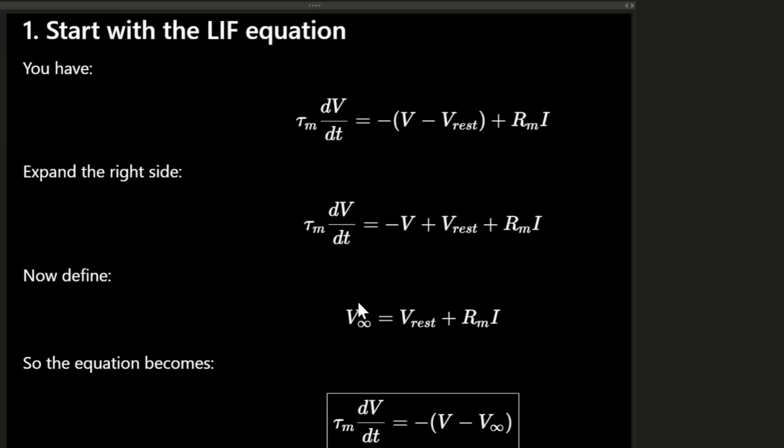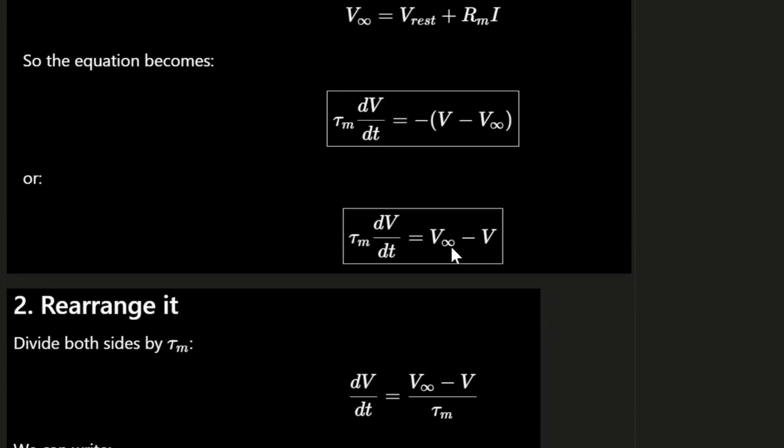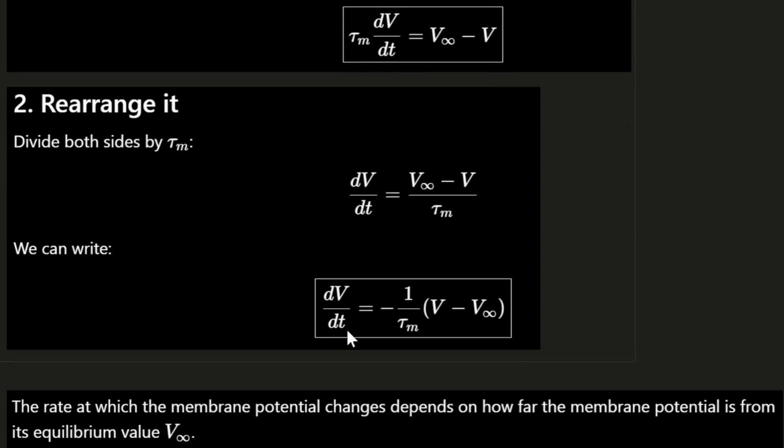We open this up. We define equilibrium value, resting plus our input. We arrange our equation like this. We move our time constant to this side. Now notice this interesting equation here. If this thing inside the bracket, our membrane potential minus our equilibrium potential, is small, the difference here is small.